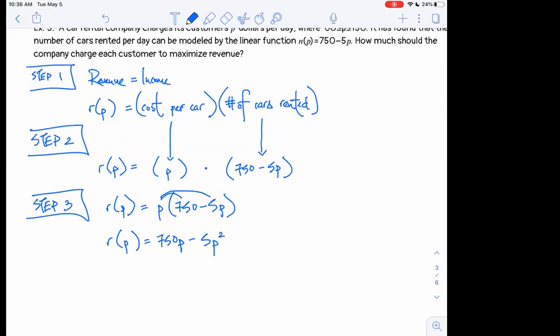Now, what shape is this revenue curve? Downward facing parabola. It is a downward facing parabola, exactly, because we have the negative and we have that squared.